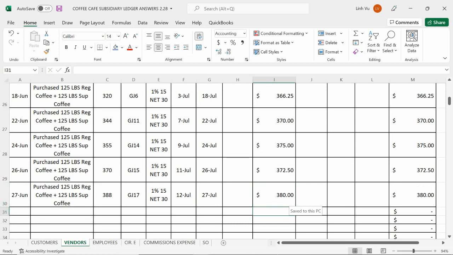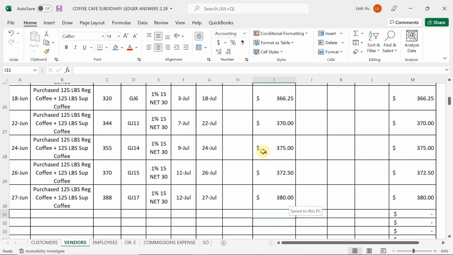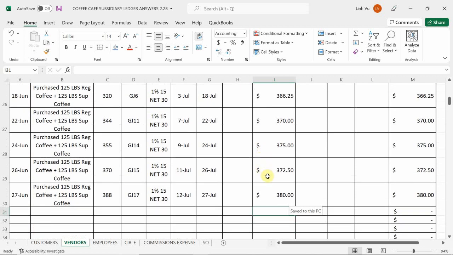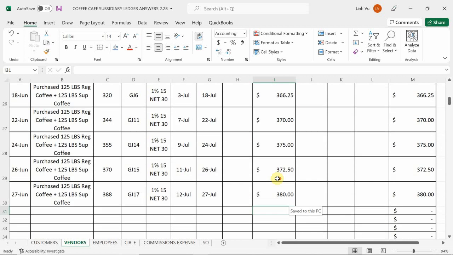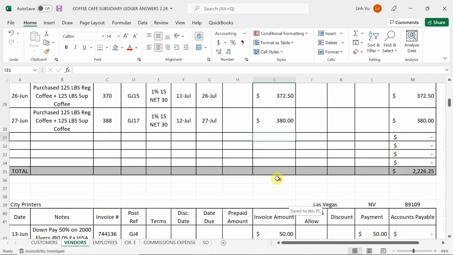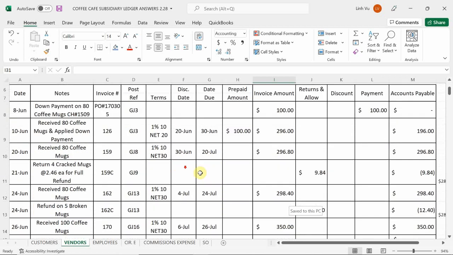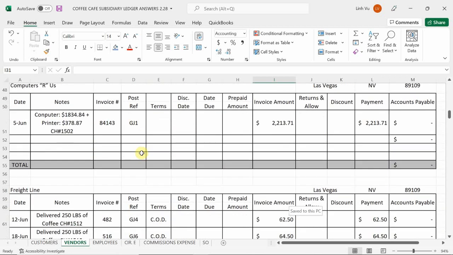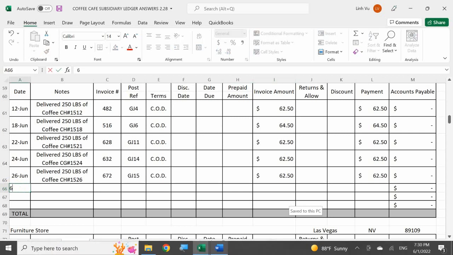Okay, so we have a total of 1, 2, 3, 4, 5, 6 purchases of coffee, and none of them are being paid yet. Okay, well, the good thing is that they're all due in July. Okay, and of course, I also need to keep a track record of my freight line because I did pay them.